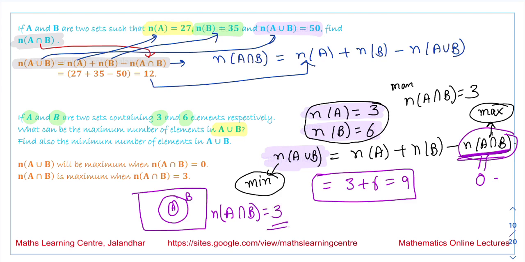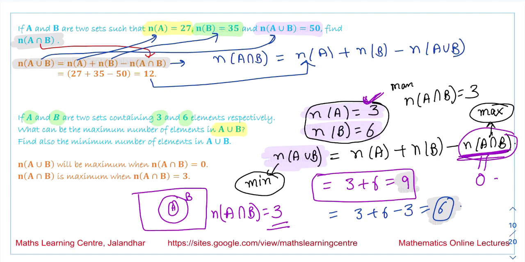It cannot be more than 3 because maximum number of elements in A is 3. So the minimum value that we will have, it will be 3 plus 6 minus 3, that is equal to 6. So the final answer we obtain is that the maximum value of A union B is 9 and the minimum value of A union B is 6.